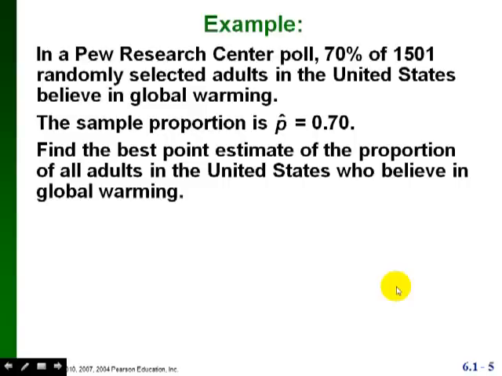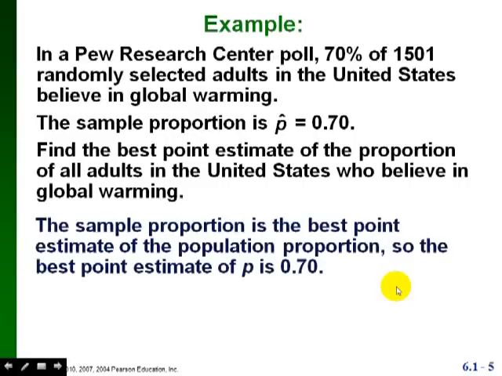So we're trying to find a point estimate of the population proportion. And that's just going to be our sample proportion. So our sample proportion, the 0.70, is our best point estimate of our population proportion. If we had to just give one number that we said we thought was a good estimate of how many adults in the United States believe in global warming, we'd say 0.70 or 70%.